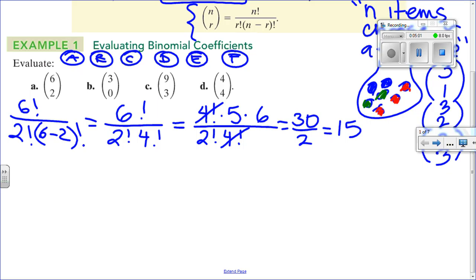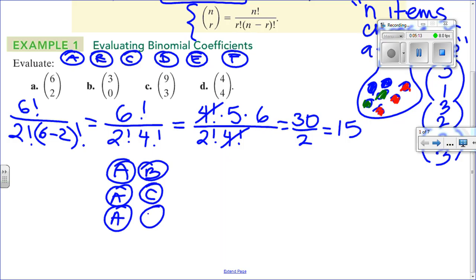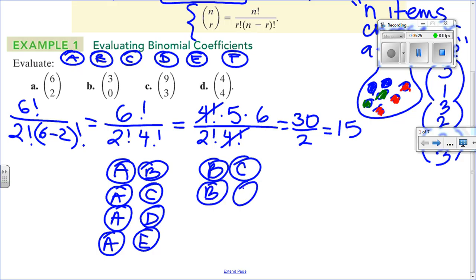So what that means, based on my example, is that you could get A and B, or you could get A and C, or A and D, you could get A and E, or you could get B and C, B and D, B and E. Oh, I even forgot about F. I could keep going like that and come up with the 15 different combinations.